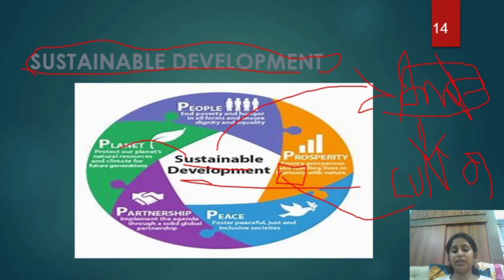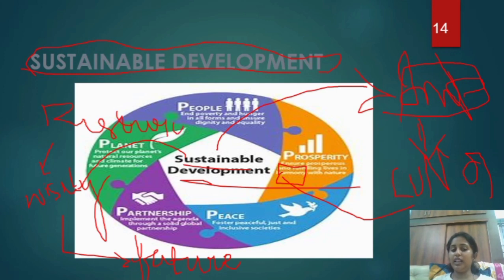Resources should be used wisely, as I was talking about conservation, so that they're available for the future generation also. Understood, students? That is nothing but sustainable development. There are many aims that need to be achieved by 2050. That is the aim of UNO.